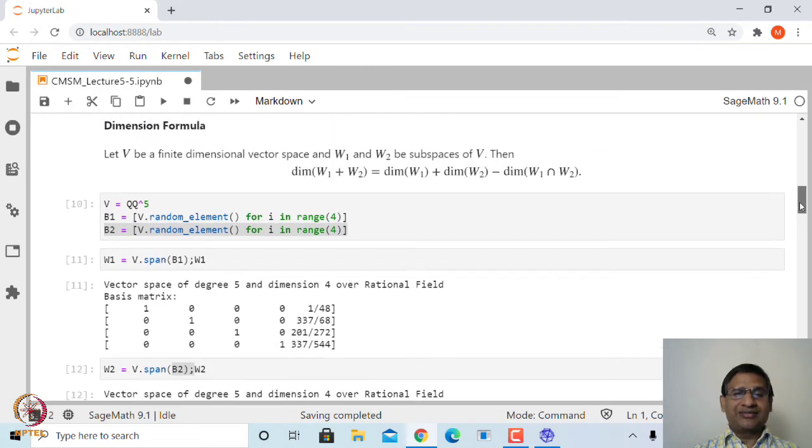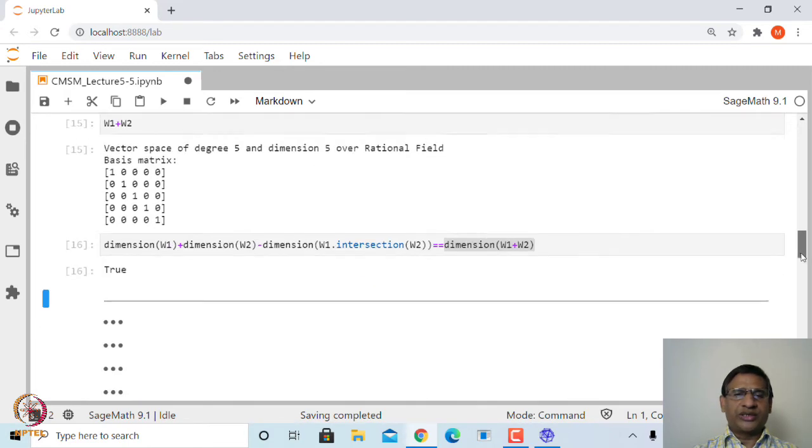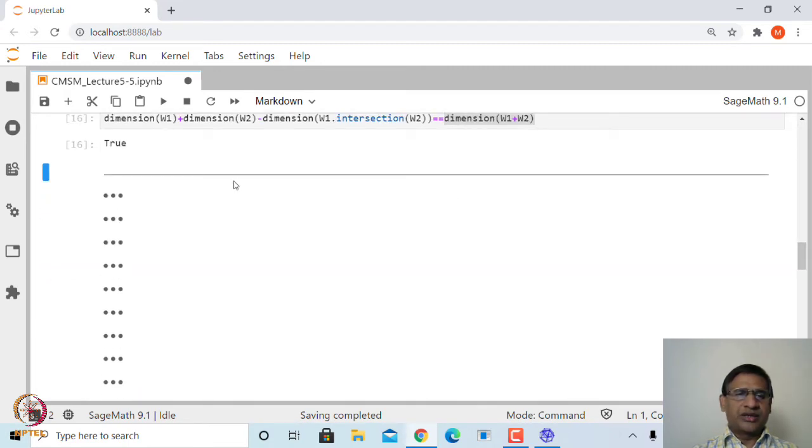So, I will leave that as an exercise. Just take some example and take some W1 and W2 subspaces which could be linear span of some vectors, and see how you can generate W1 plus W2 and W1 intersection W2, right.